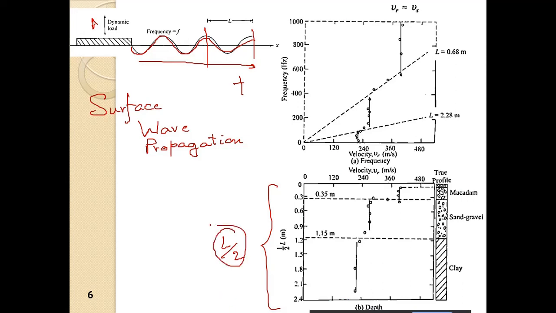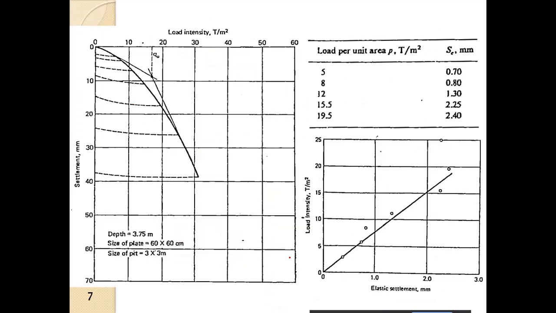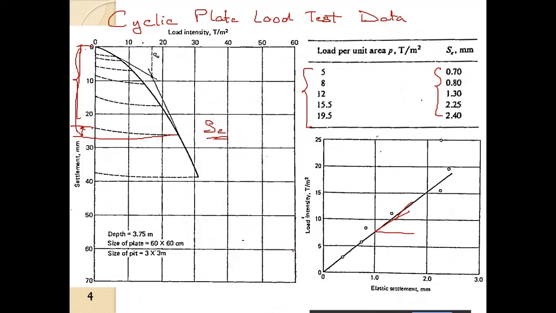This was given by Woods in 1978, and it is empirically related to the L by 2 length. So these are the data which are given.